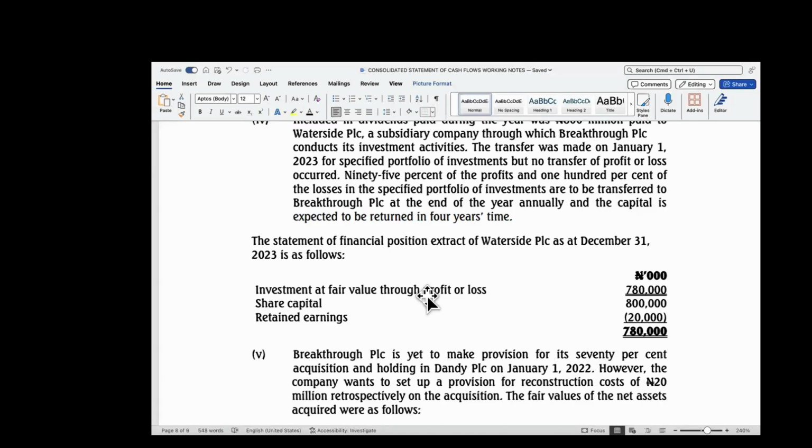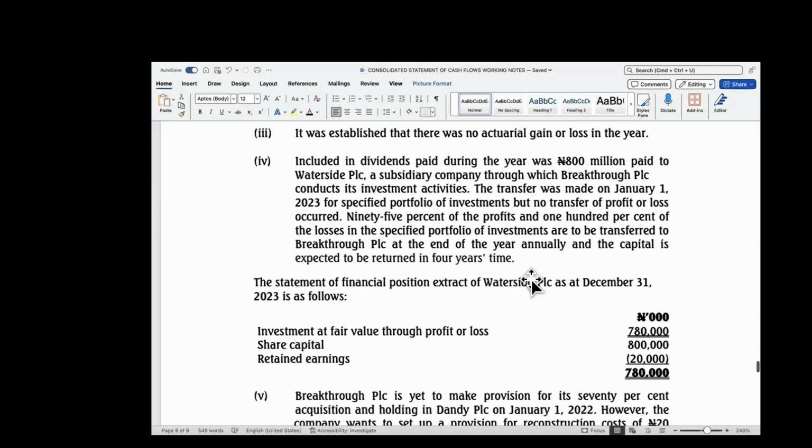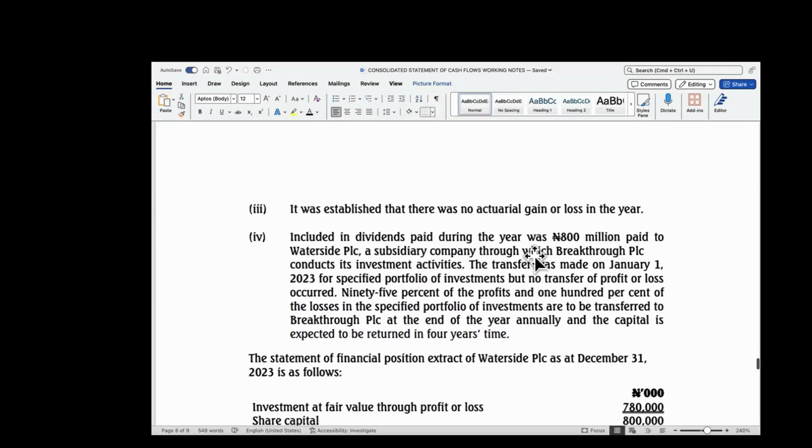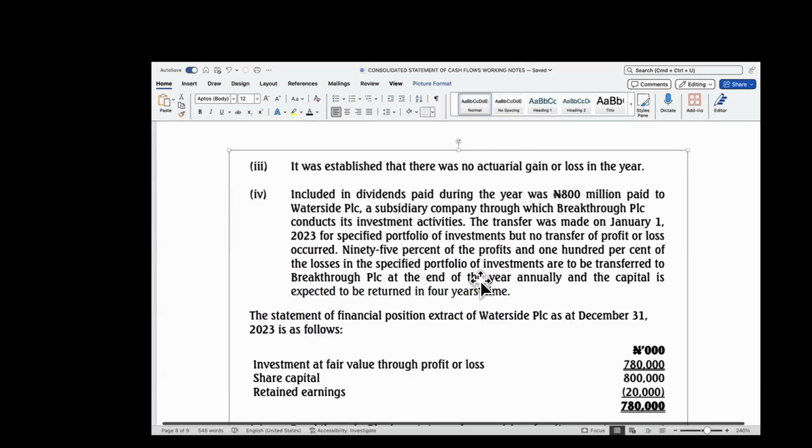That makes sense. If you look at this share capital, it's now 800, which is that investment of 800. Retained earnings is a loss, so that means my investment has come down to 780. So now we know how to treat all of this. The only cash movement here is just the 800 million. All these other ones are story.